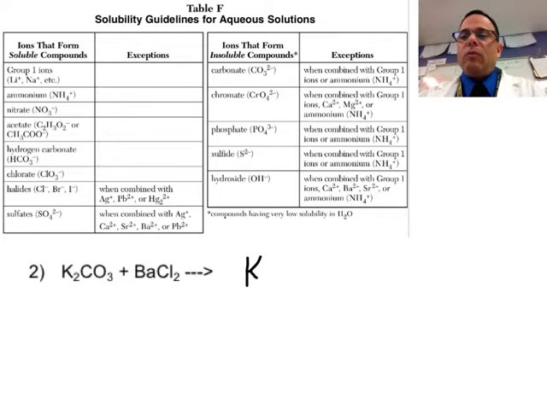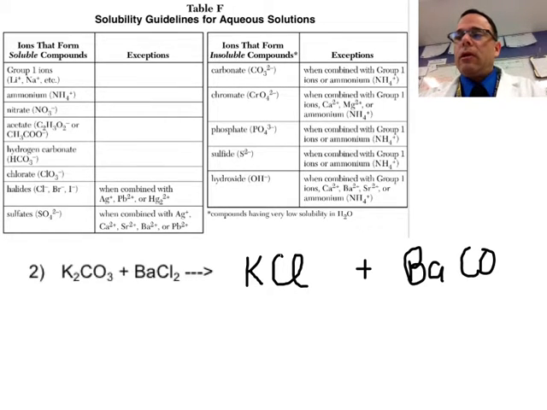Let's write down what the possibility is for the rearrangement, the double replacement. We could end up with potassium chloride with barium carbonate. Are these balanced in and of their own right? Potassium gets a +1, chlorine a -1, so that's a 1-to-1 ratio.